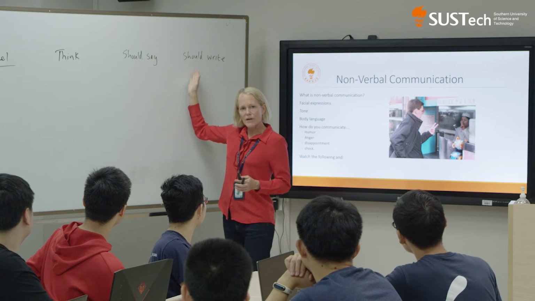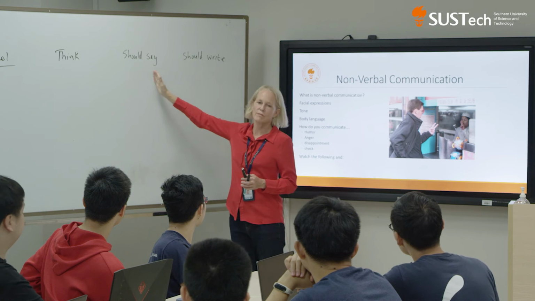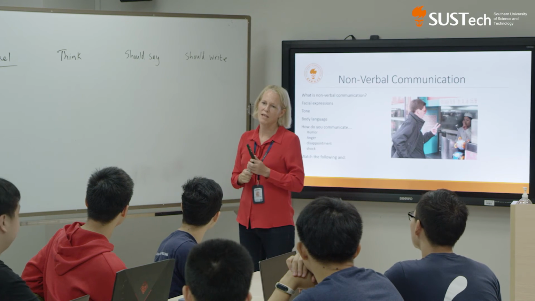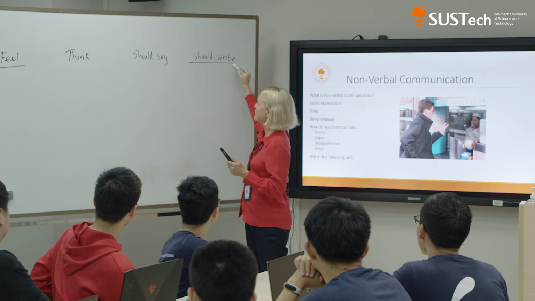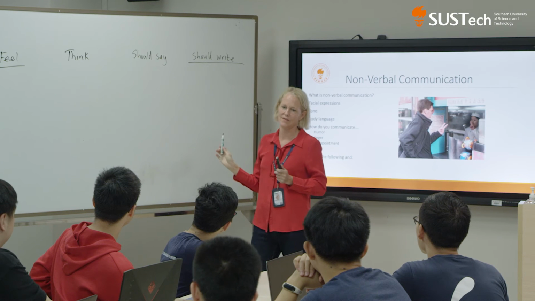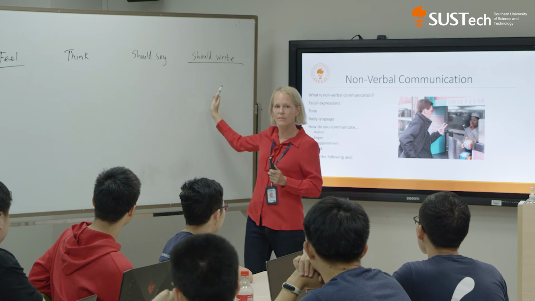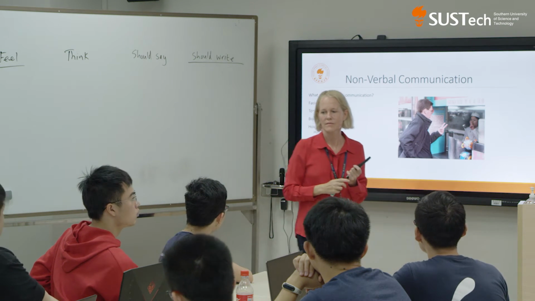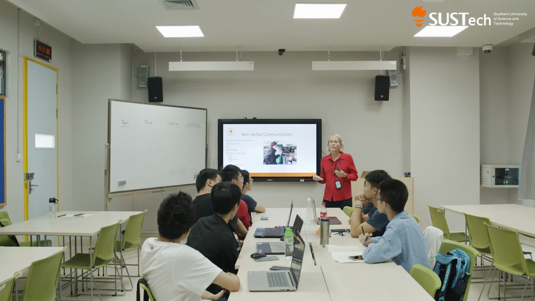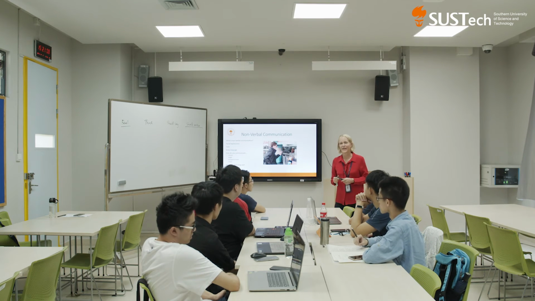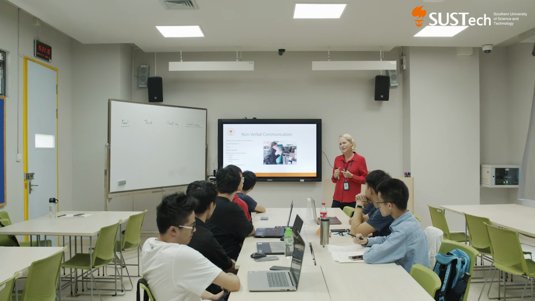There's one key thing about written communication that is different to spoken. Can you tell me what that is? One key difference that can have a huge impact about what you write compared to what you say. Well, spelling mistakes are visible, that's right, yeah. And something bigger than that though.